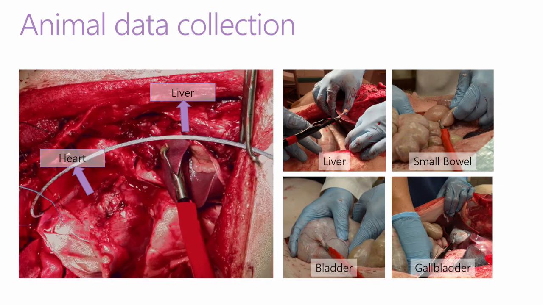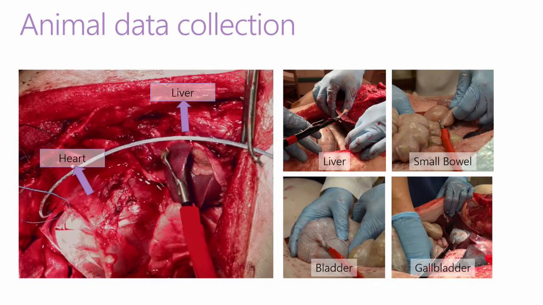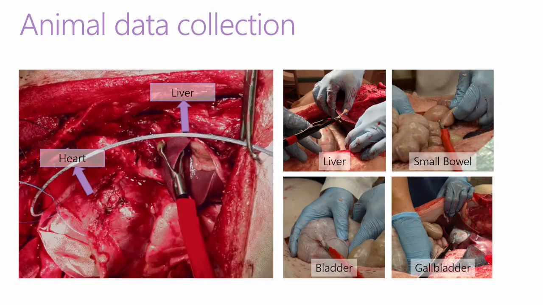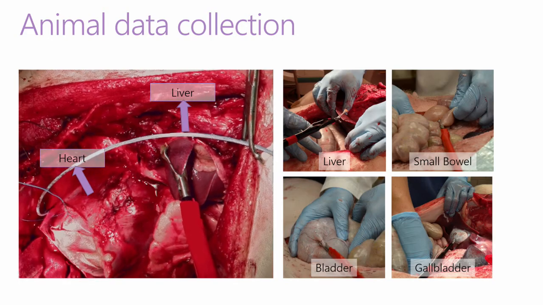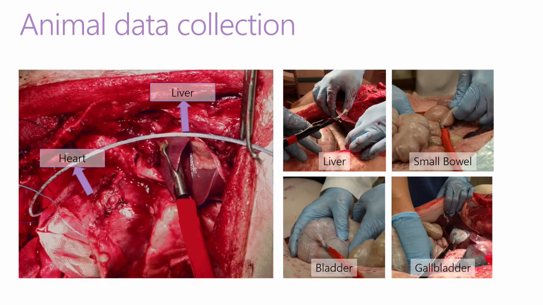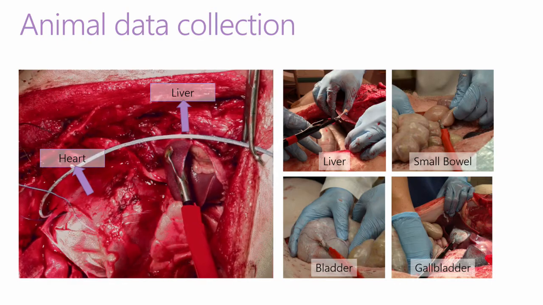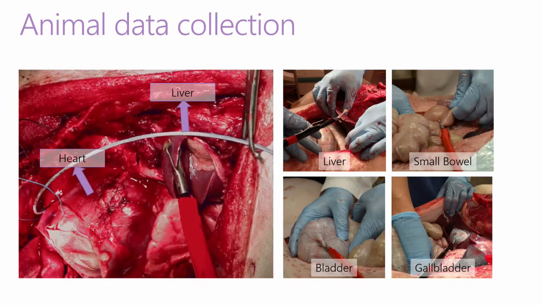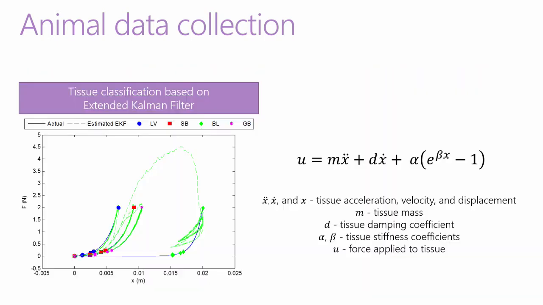Using this grasper, we collected animal data on pigs for 4 different types of tissue: liver, small bowel, bladder, and gallbladder. In these experiments, we collected force and displacement data from the tissue. Using this data, we ran an extended Kalman filter algorithm on a dynamical tissue model to estimate tissue elastic properties, which are the alpha and beta shown in the equation on the board.